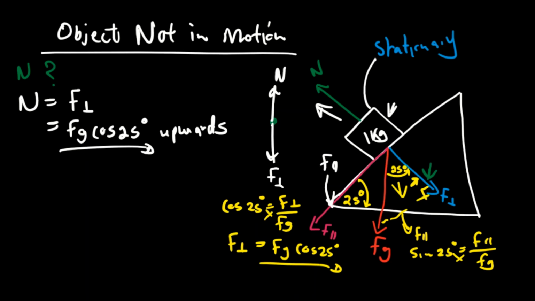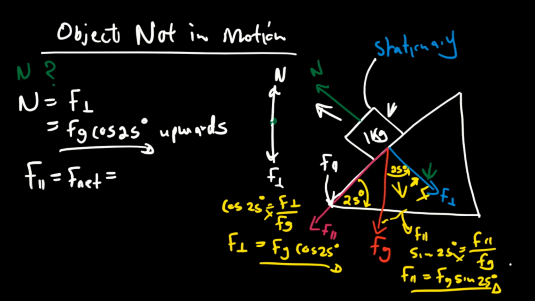Then you do your cross multiplication. The force parallel is equal to the force of gravity multiplied by the sine of 25 degrees. So that is your force parallel. To find the forces acting on this object, it's only going to be the force parallel. So the force parallel is actually your F net, your net force, which is what we found here, F of g sine 25 degrees. Then you're going to indicate your direction of force. In this case, it's going to be downwards.